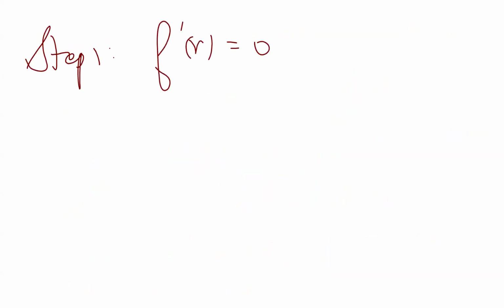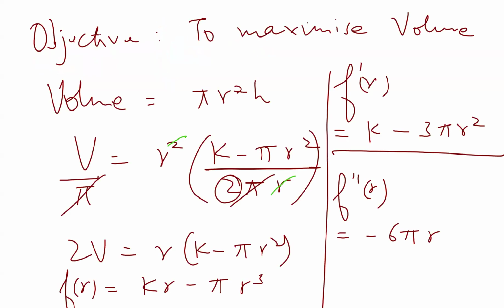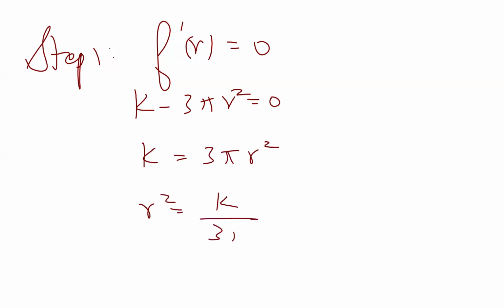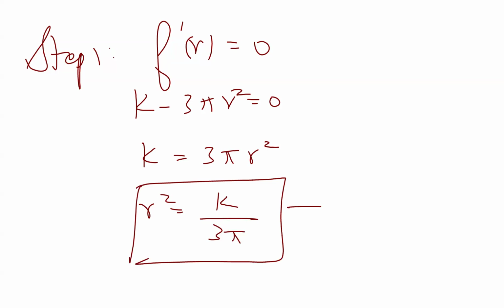Step 1: f dash r is equal to 0. So k minus 3 pi r square is equal to 0. So k is equal to 3 pi r square. R square is equal to k by 3 pi. This implies r is equal to root k by 3 pi.